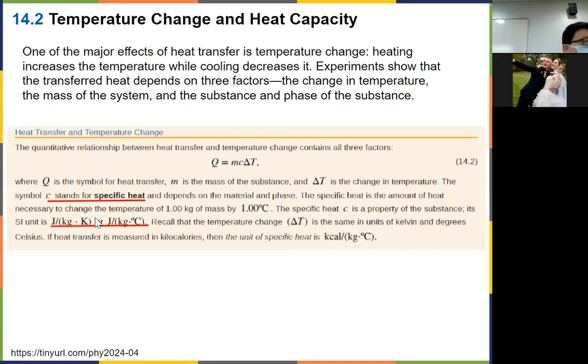So these two are the same unit. Sometimes you see specific heat in kilojoules per kilogram degrees Celsius. So other units can be used for specific heat capacity, and you want to pay attention to the units. Many times you have to do a conversion if it's not given in SI units, but this is the SI unit.